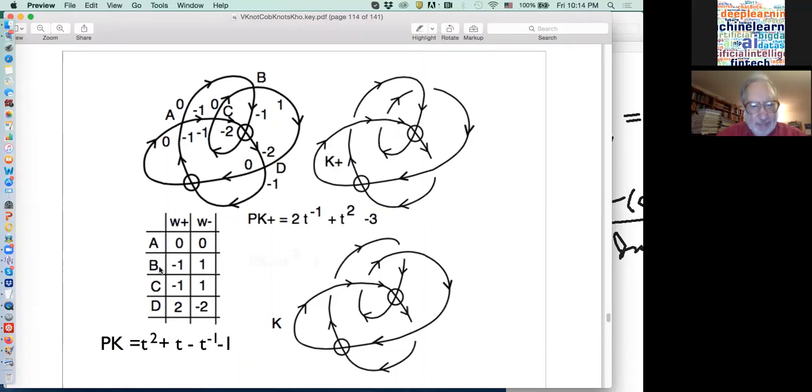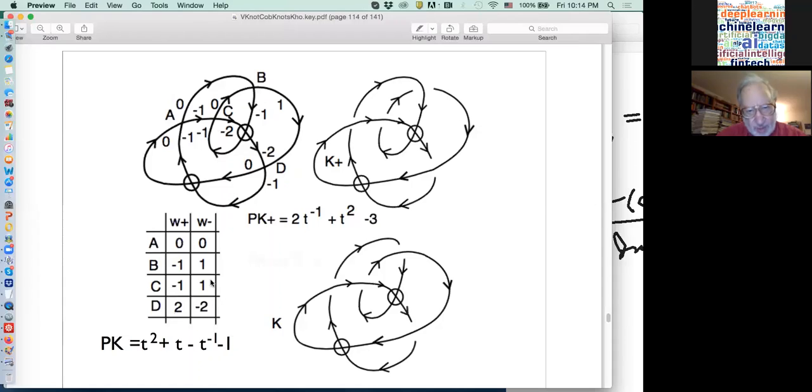At B, 0 minus 1 is minus 1, and 0 minus minus 1 is 1. At C, minus 1 minus 0 is minus 1, and minus 1 minus 2 is 1. And at D, we have 1 minus minus 1 is 2, and minus 2.